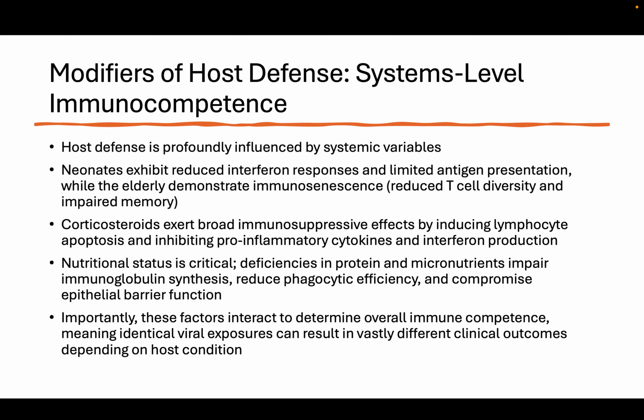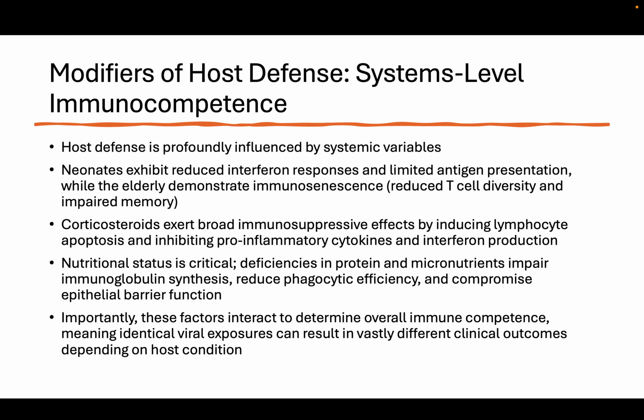But we also see that in older people, the thymus gets smaller and smaller, so T cells are not being produced that much. Also, T cells and B cells go through something called senescence, which basically means aging. They're not so active because they're quite old. So these people are also very susceptible to viral infections.